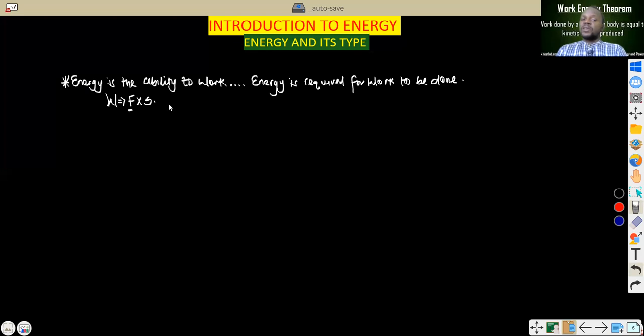We need to understand the concept of force very carefully, along with energy and work, because these three things are very important in human life. You need energy to generate a force, and that energy is required to do work, because without force and distance, work cannot be carried out.